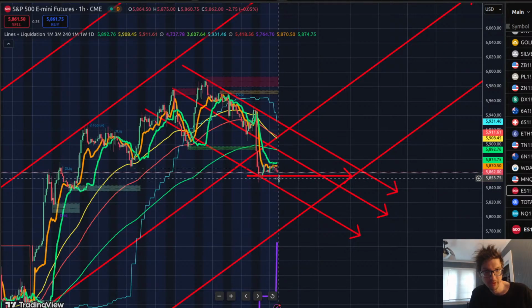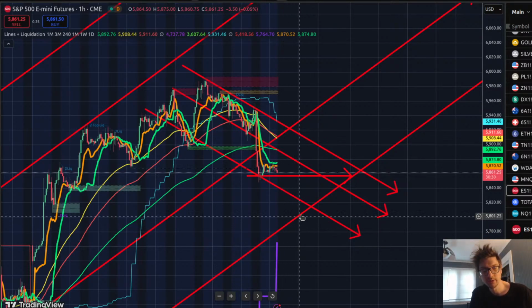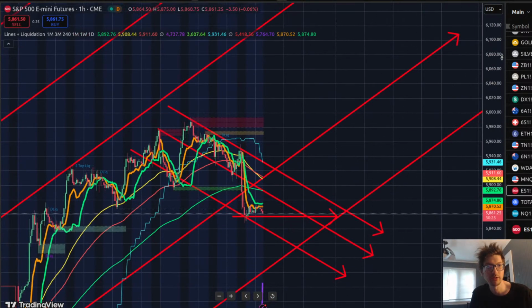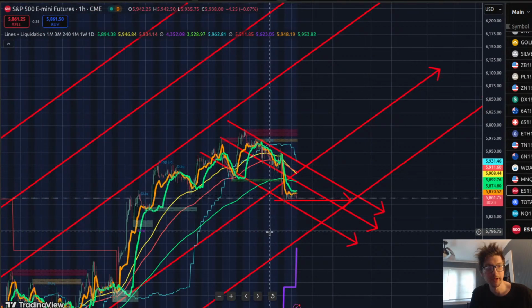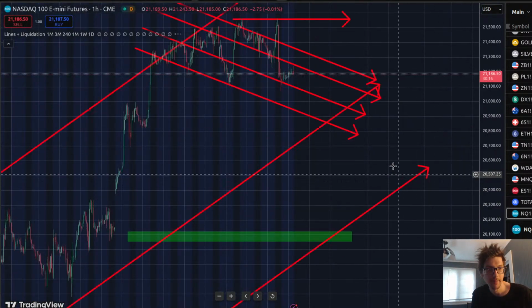If we break below that, then we're gonna see if this holds as support, and if it does, then we're gonna wait to see if this line holds as support, and so on and so forth. But it might just act as support and go to the upside. So be prepared to see the S&P and the Nasdaq make a reversal soon.